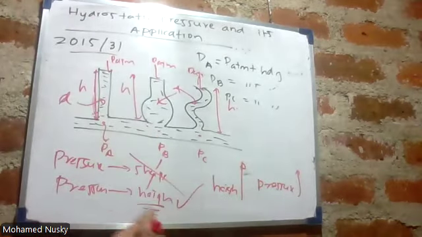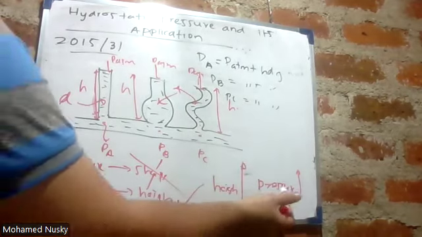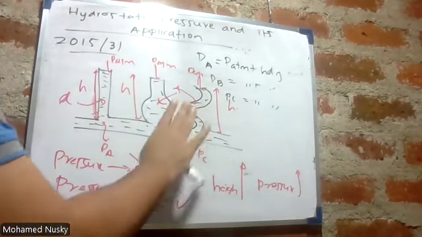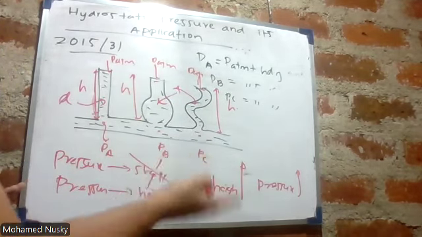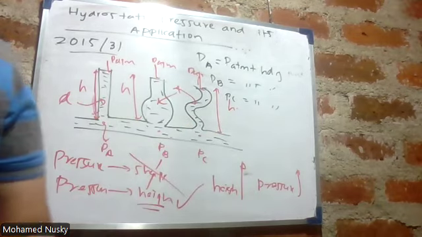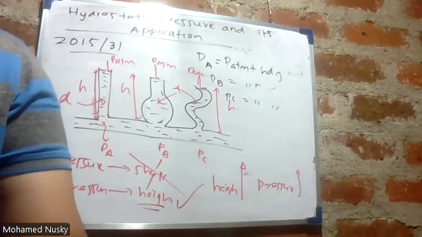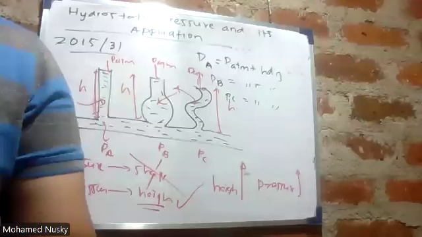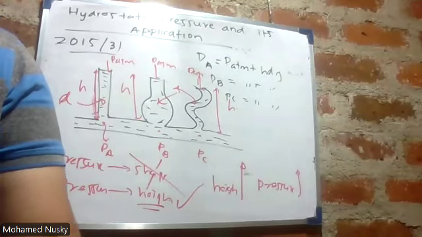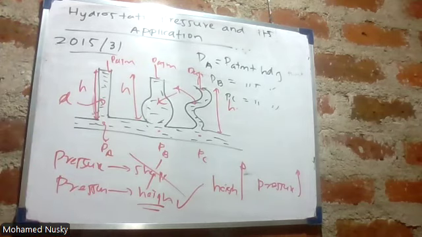I will not say height is directly proportional to pressure; if height increases 2 times, pressure doesn't necessarily increase 2 times. But if height increases, pressure increases. Therefore, the largest height is the third, 15 centimeter, so the pressure at R is the highest.